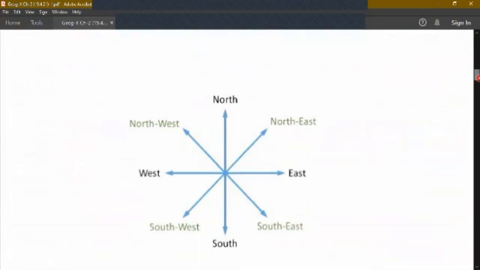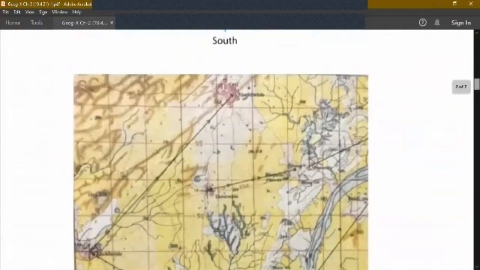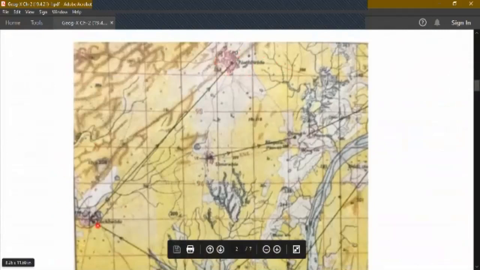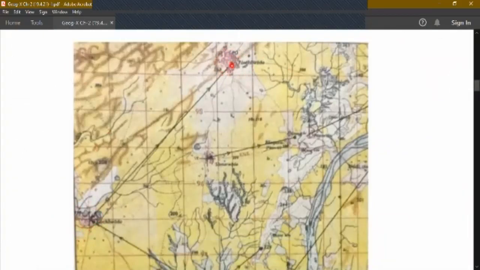Now, to find out the direction of Panthwada from Kuchawada, one has to locate the midpoint of the two settlements.